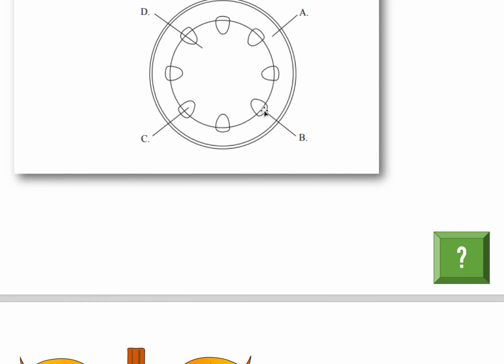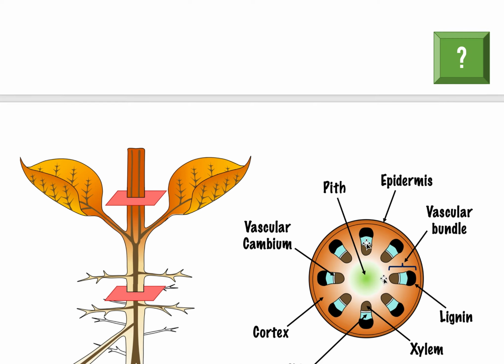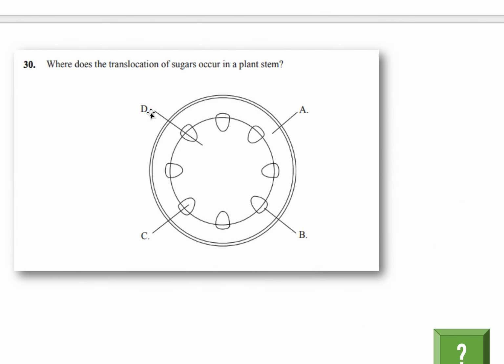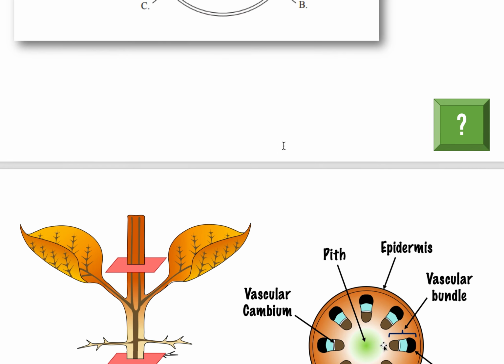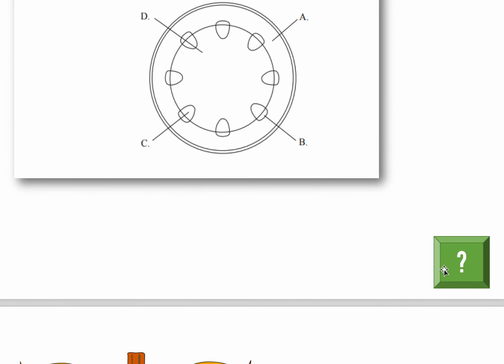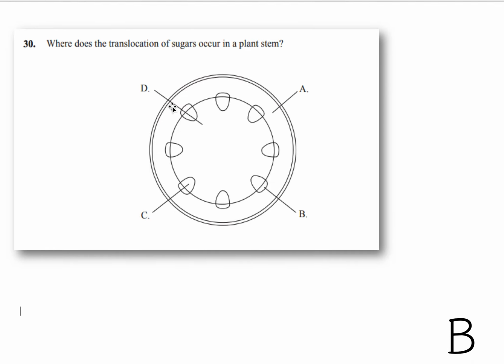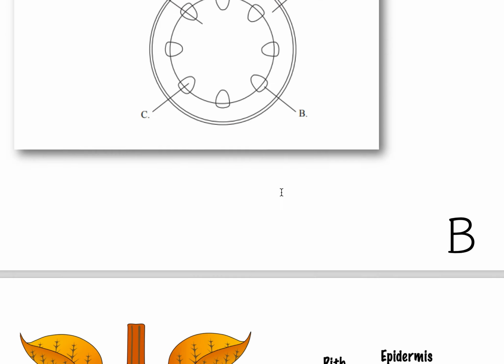They're pointing at this outer part here, because this C would be the xylem, right? Because the xylem is the inner part, and the center part is the pith. So D would be the pith, I guess, and A would be what? A would be kind of like this cortex, okay? So we know it's going to be B. Okay, so this just shows you need to be familiar with this structure, okay?